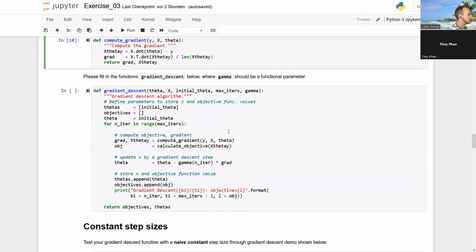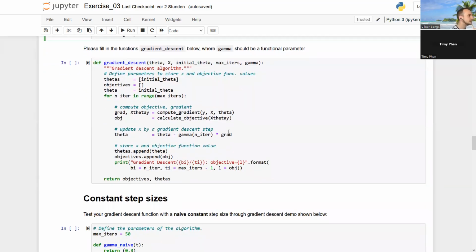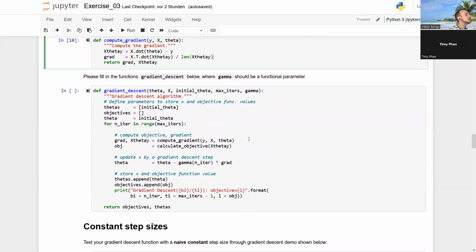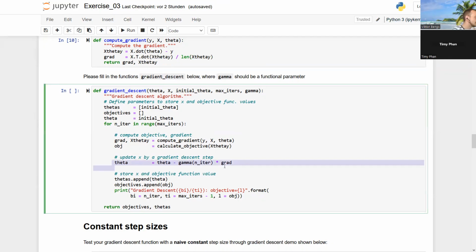Okay, and then the most interesting part perhaps is how to compute the gradient descent. Well, it's quite easy to do this. This is not a very complicated algorithm. It's an iteration procedure specified by this line, more or less.